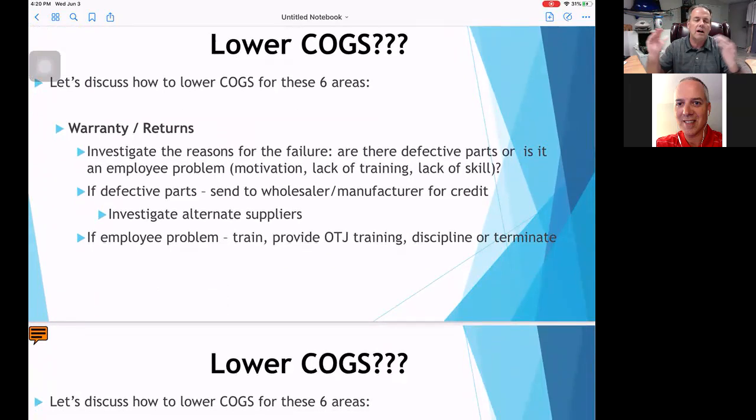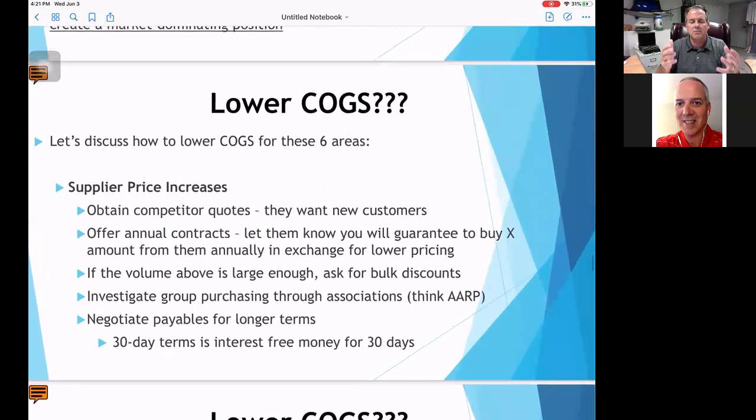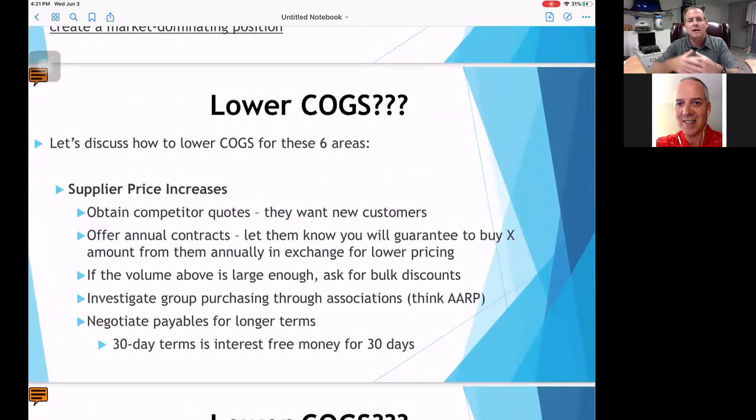Don't marry a company. Sometimes you have to because it's exclusive and you're the only one who has it. But at the same time, it's okay to change your product line if it allows you to make more profit, especially when your customers call you because of you, not because of the brand you're carrying.